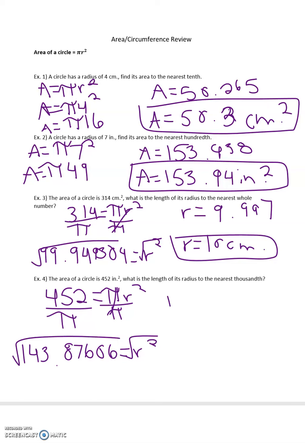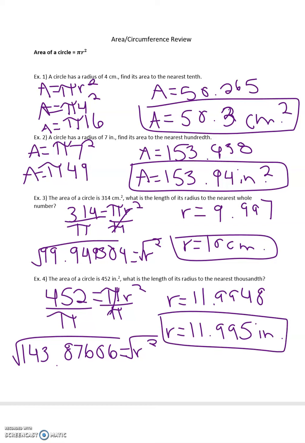Take the square root of both sides, and that's going to give us 11.9948. And it's asking us to round to the nearest thousandth, so we have to go out 3 decimal places, so that's going to be 11.995 inches. So again, the more precise it asks you to round, the more important it is to keep more decimal places.